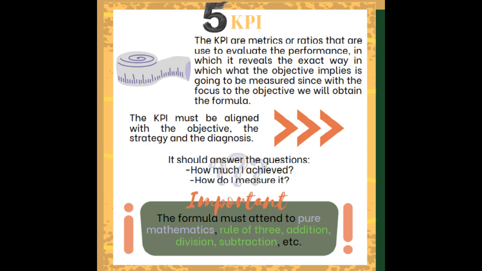The formula must use pure mathematics: rule of three, sum, division, subtraction, etc. The elements of the KPI must be sufficient to measure and communicate the effectiveness of the project. The KPI must be aligned with the objective, the strategy, and the diagnosis. Finally, the KPI should answer the questions: how much did I achieve, and how do I measure it?